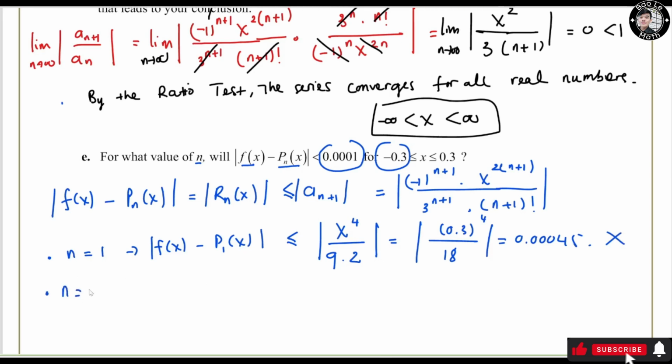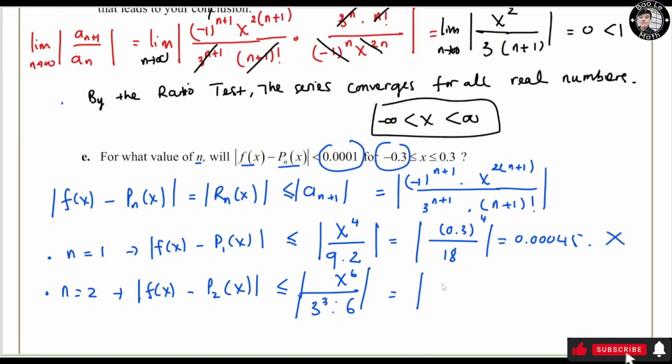Now n equals 2. We have the absolute value of f of s minus p sub 2 of s less than or equal to. So I have negative 1 raised to the third, it's going to be negative 1. When you take absolute value, it's going to be positive. Now substitute 2 for n right here, so it could be 2 plus 1, it could be 3. 3 times 2 could be 6. So s to the power of 6 over 3 to the power of 3, times 2 plus 1, it could be 3, 3 factorial, it could be 6.